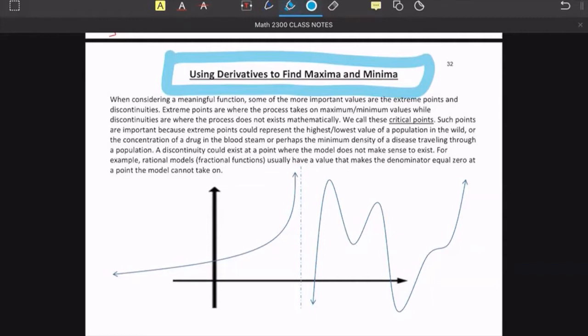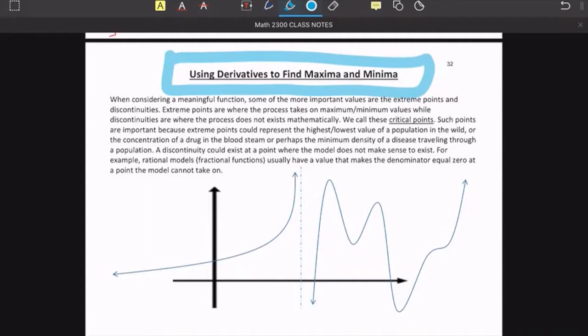So I'm going to summarize what it says in that paragraph here, but generally speaking, when we have a function, we're interested in knowing the interesting parts about it, right? Think about some function you care about. It represents your bank account, the population of an animal that you like, the amount of disease that exists in society, whatever it is, some function exists that describes that.